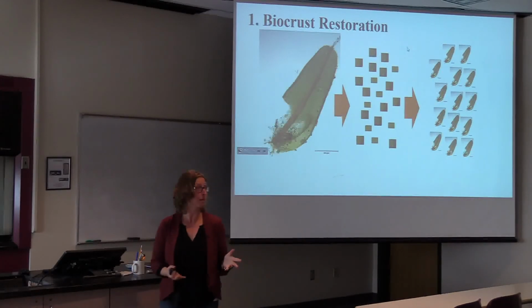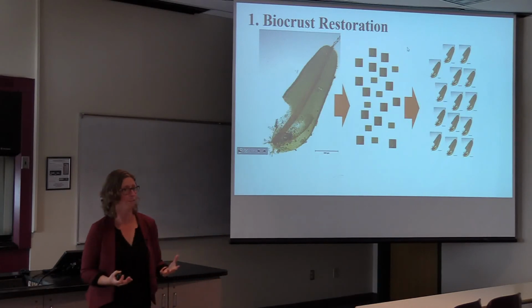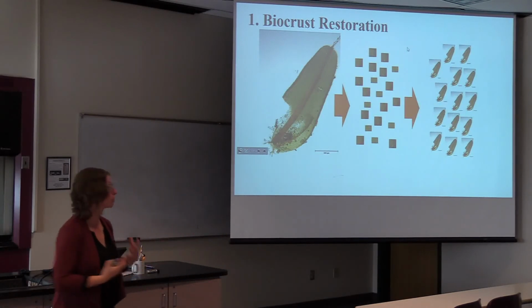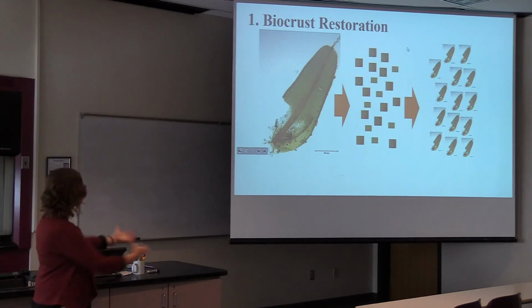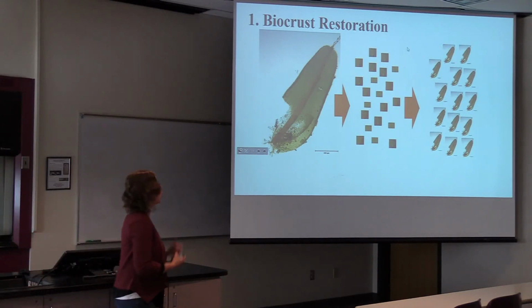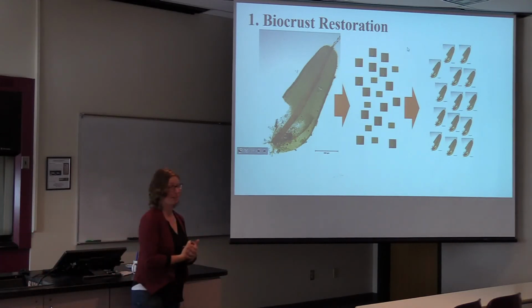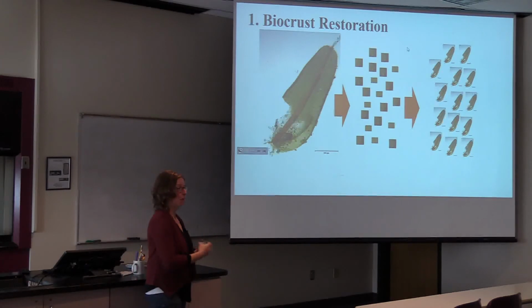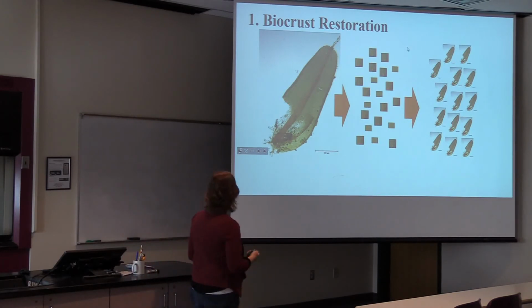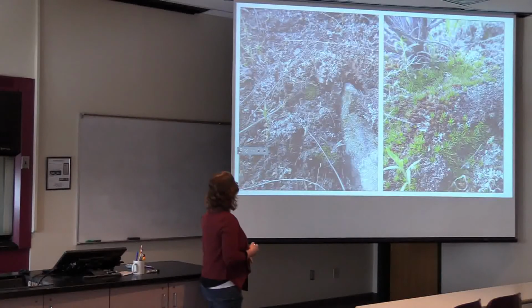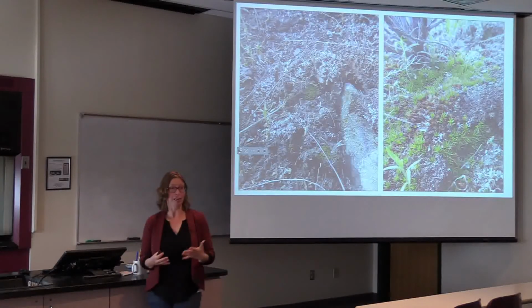But that's a very amazing thing, and it makes it really easy for us to get the propagules we need for restoration. We just need to harvest biocrust, or ideally salvage biocrust, and then grind those up and spread them around, right? And salvaging biocrust is great when it happens.